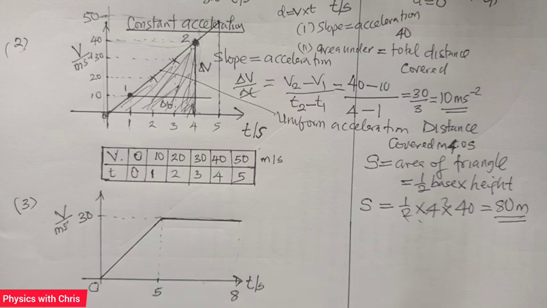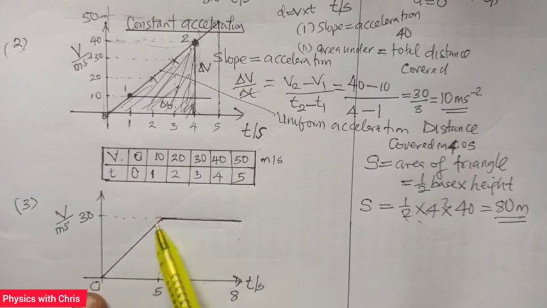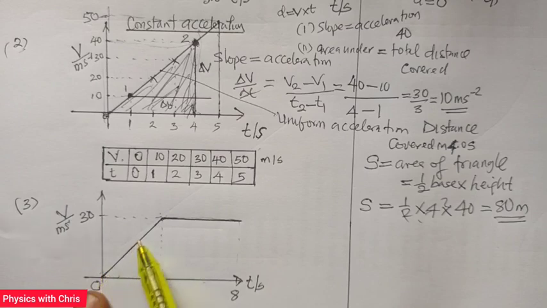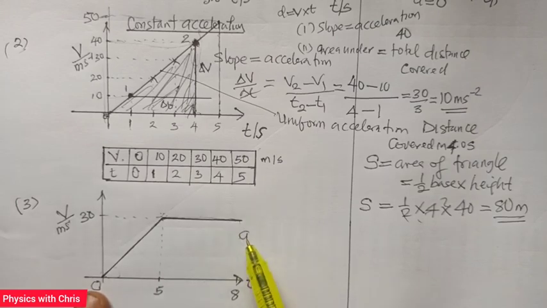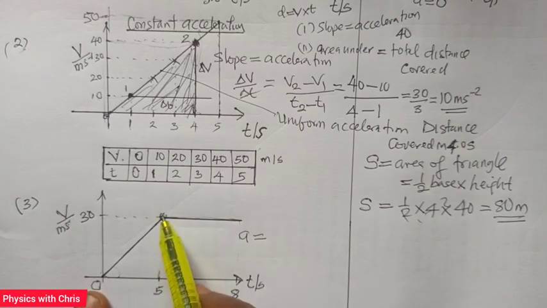You see, the body starts from rest and moves with a constant acceleration. Because on a velocity-time graph, a straight line of this nature with positive angle of inclination is a graph of uniform acceleration. So you can start by saying the body starts from rest and accelerates uniformly. Quickly you can find the slope using this point and this point.